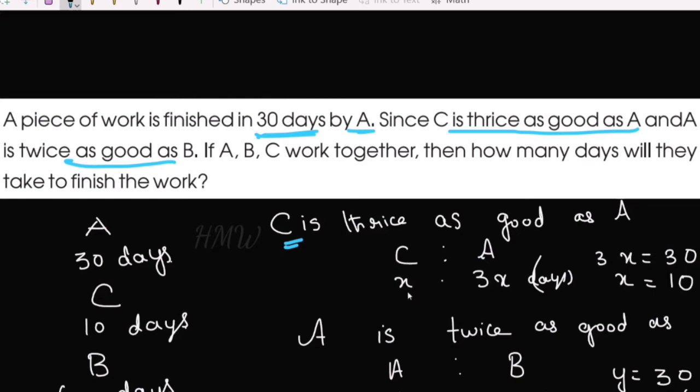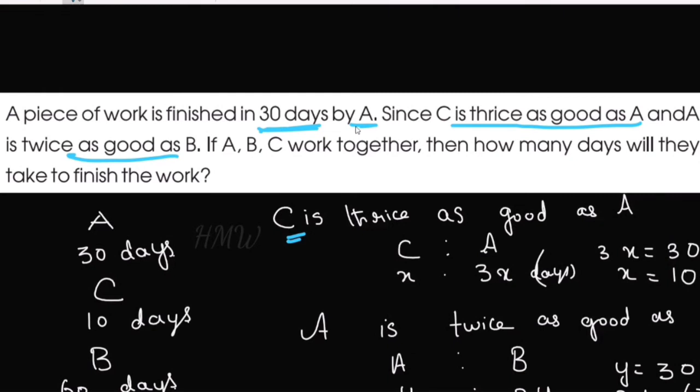So if C is X, multiply by 3 and A will take 3X days. But the number of days taken by A is given here as 30. So 3X is 30, so X is 10.